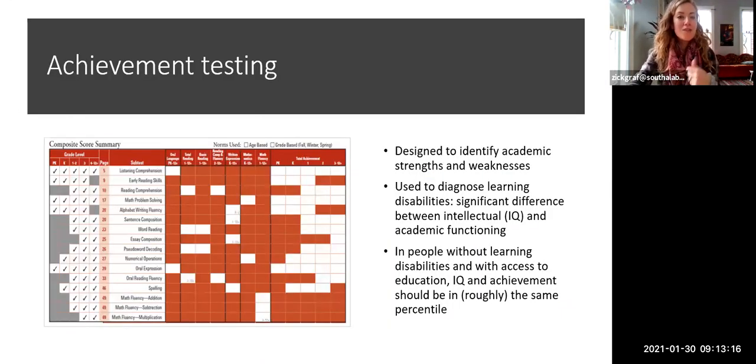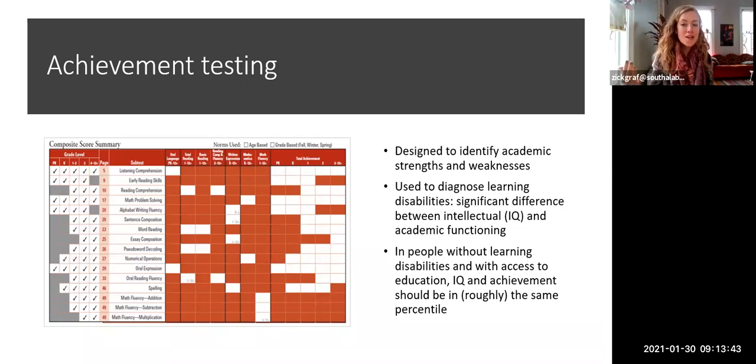So achievement testing, whereas IQ testing is supposed to be kind of agnostic to how educated someone is, achievement testing is a direct test of how much someone has learned in formal schooling. I think the youngest age ranges that exist on this particular test, which is made by the same people who make the most common IQ tests, can go as young as 3 or 4.